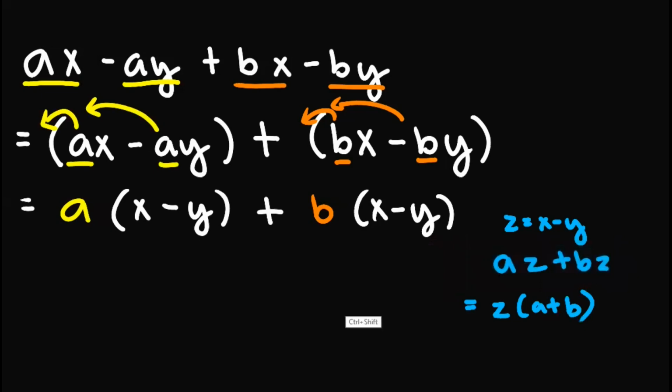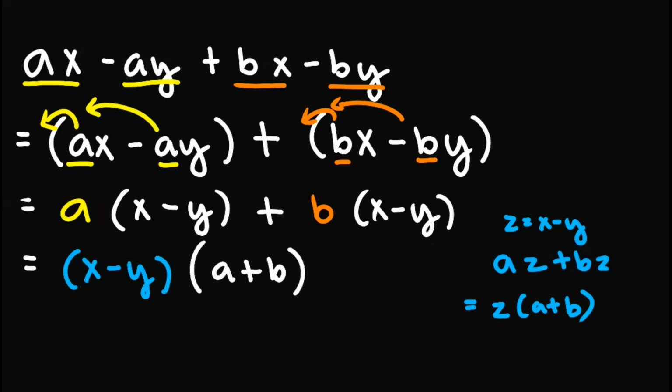So applying this same idea, factoring out x minus y, we will have x minus y times the expression left inside, which is a plus b. And so that is the factored form of this polynomial.